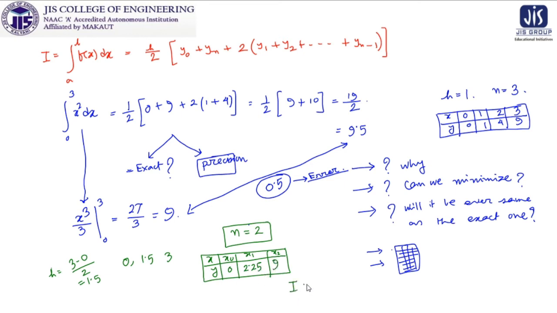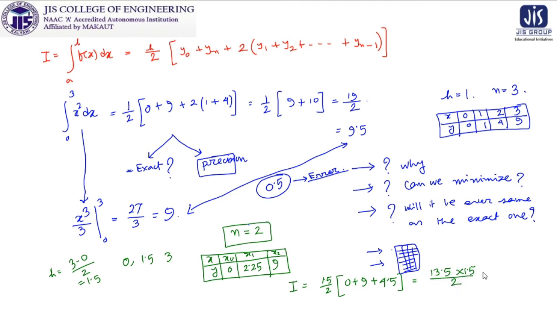And the formula here will give us 1.5 by 2 into (y0 plus yn plus 2 into y1 only), so 2.25 times 2 means 4.5. So what we are getting, 4.5 plus 9, that is 13.5, into 1.5 by 2.